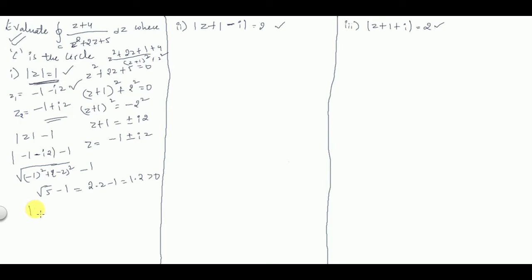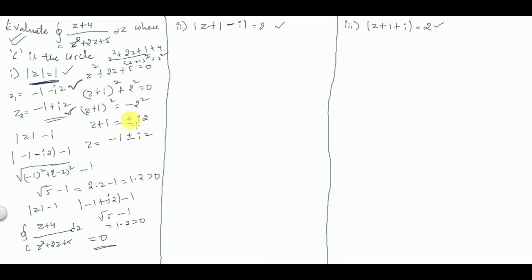Similarly, for the other singularity, if you find |-1 + 2i - 1|, this is also root 5 minus 1, so it is also around 1.2, which is greater than 0. So both the singularities are outside the contour of the given circle |z| = 1. Therefore the integral over C of (z+4)/(z²+2z+5) dz is equal to 0.